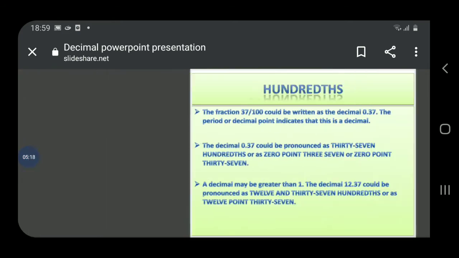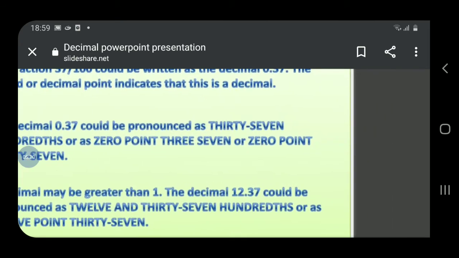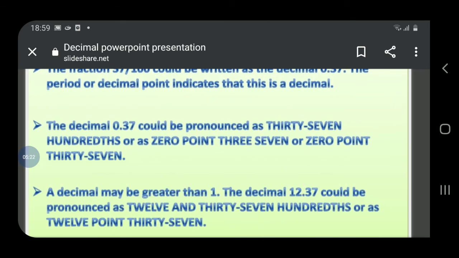Now, the decimal 0.37 could be pronounced as 37 hundredths or 0.37. If we pronounce it as 37, we have to add hundredths to it.